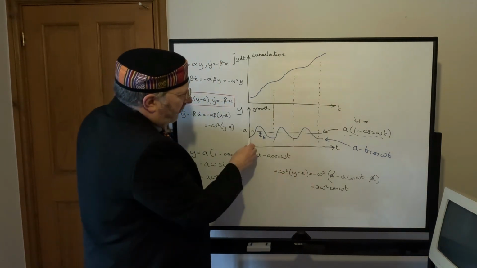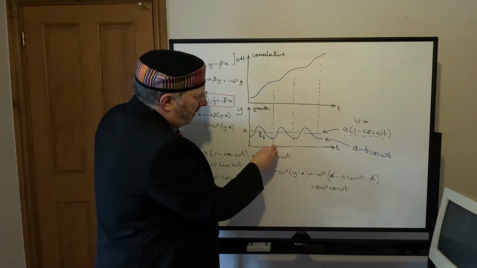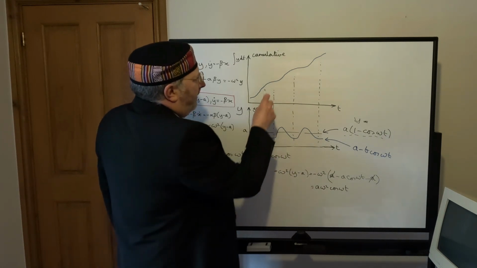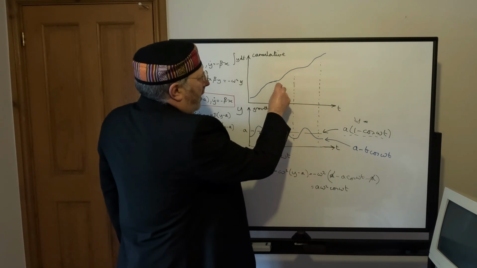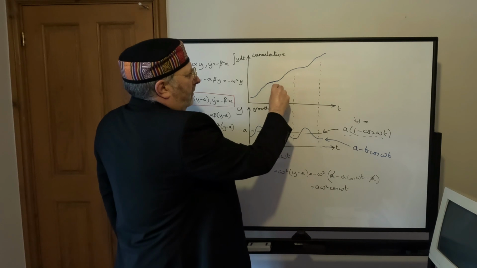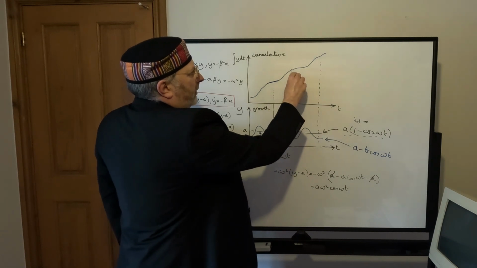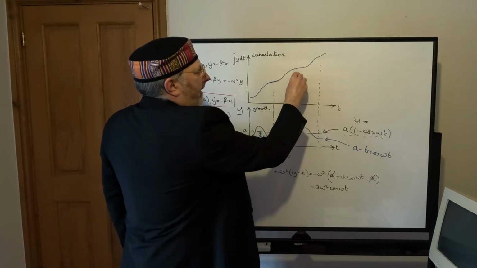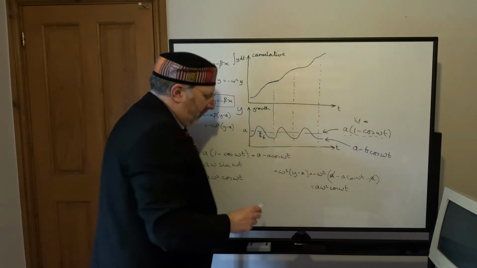But because this doesn't go back to 0, but remains somewhere above the axis, then when it is slow, it's not flattening off, it's still going up, so there is still some positive growth rate. So it's faster here and it's slower there, but it doesn't flatten off completely.